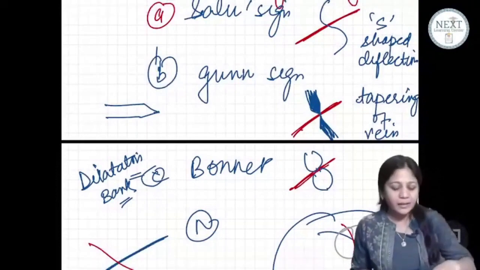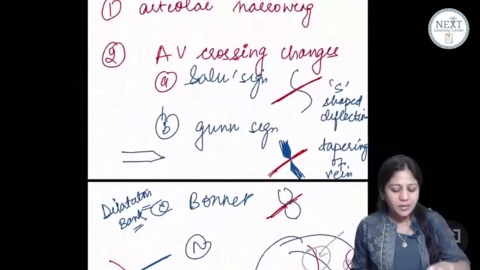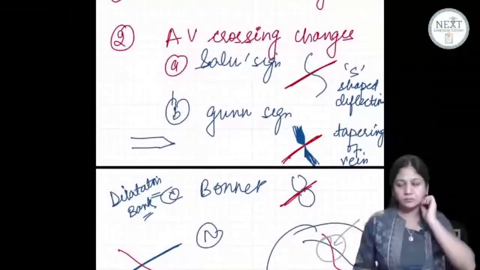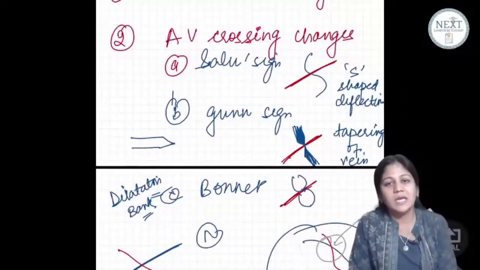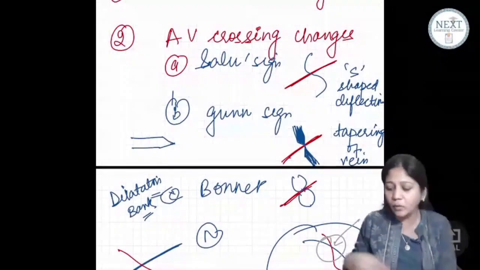So you can just write down now all the three signs. AV crossing changes, please write down. Salus sign, gun sign, bonnet sign.